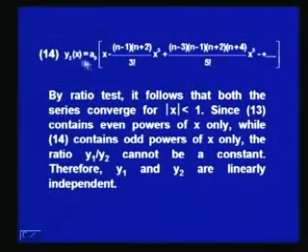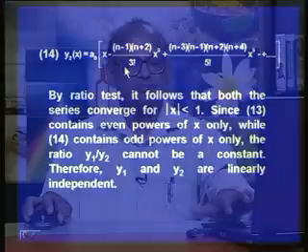Therefore, if we find the ratio y1 over y2, it cannot be a constant, and therefore y1 is not a scalar multiple of y2, and so we can say that y1 and y2 are linearly independent functions. So, a linear combination of the two, that is y(x) equal to some constant c1 times y1(x) plus c2 times y2(x), is the general solution of the Legendre's equation.